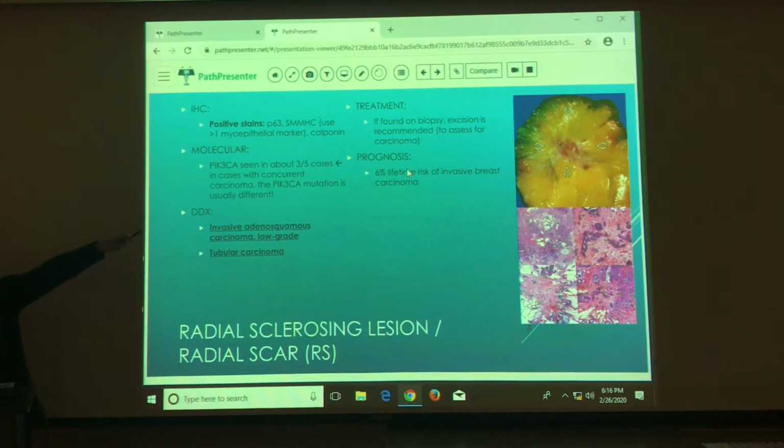That's a very nice gross photo of a radial scar. And there's a 6% lifetime risk. So again, it's in that 5 to 7%, or 1 to 2 times risk, so it's really not increasing our risk too much. And because of how it likes to angulate glands, we're looking at, is this an invasive carcinoma, or are we looking at a tubular carcinoma? Okay.